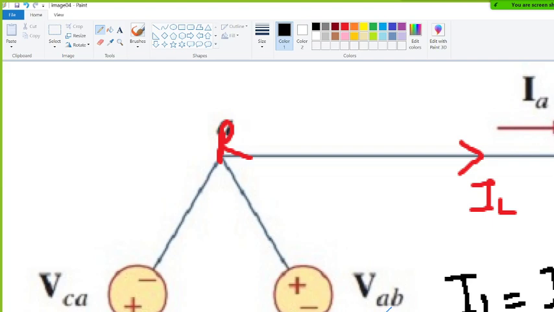There is no neutral. Amit, where will you write neutral here? There is no neutral wire.